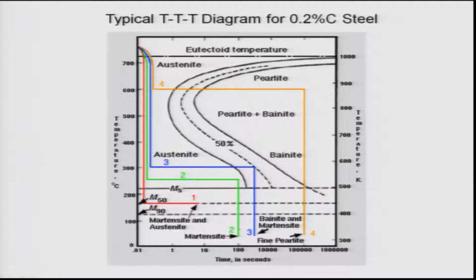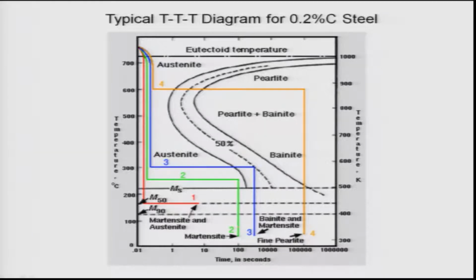But the advantage is this: once you do that, you reduce the distortion of the sample, because if it is quenched directly from 727 to about 30 degrees Celsius, you use a lot of quenching. So what is done is much easier. You quench it to an intermediate temperature in such a way that it does not lead to bainitic formation, and hold it there so that the temperature becomes uniform on the sample surface and distortion is less, then you quench to room temperature.